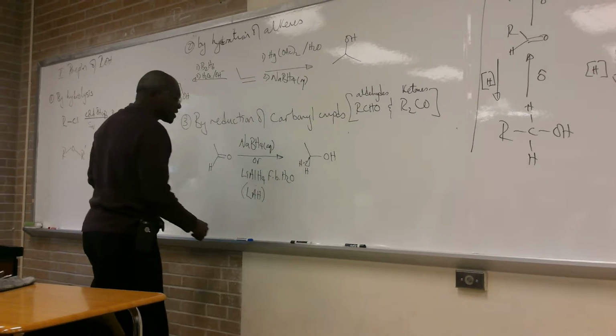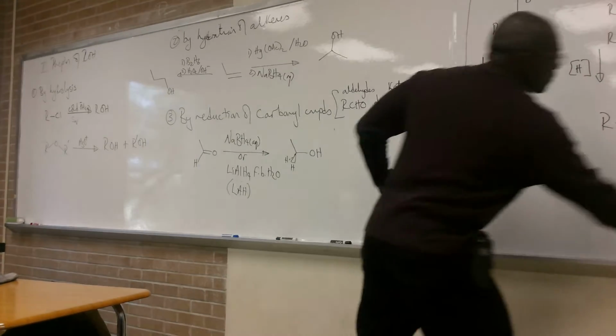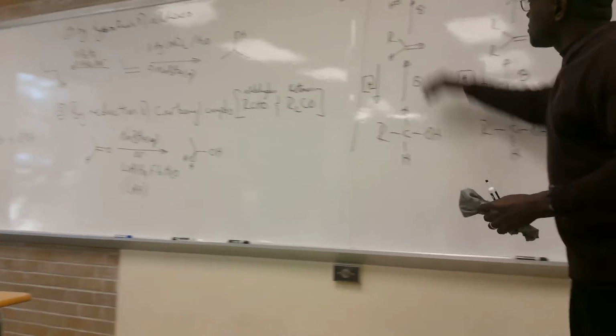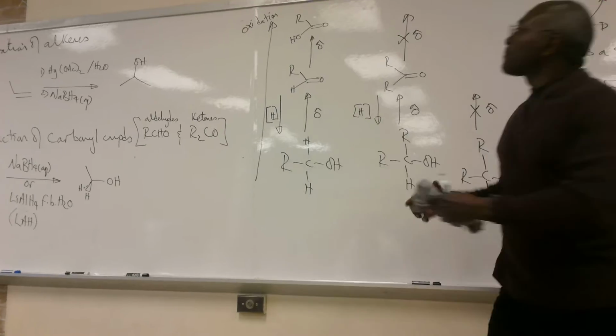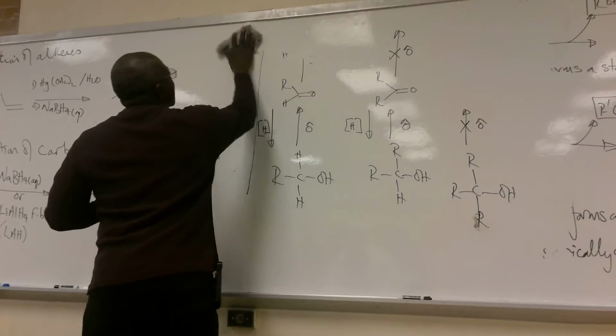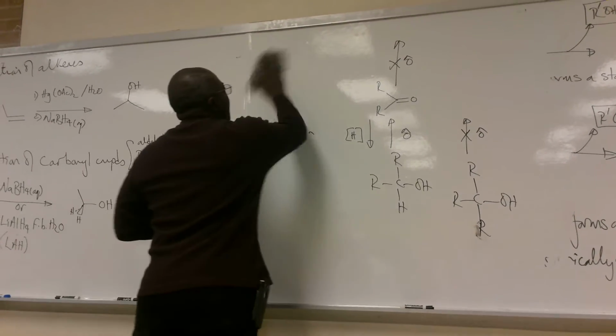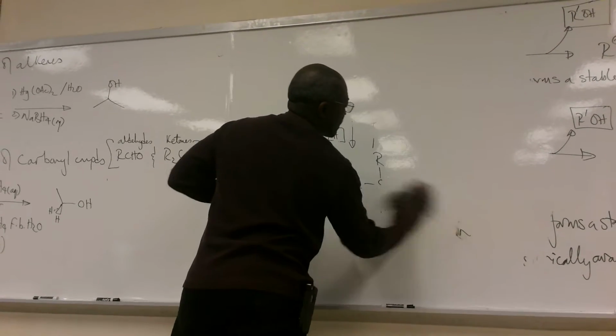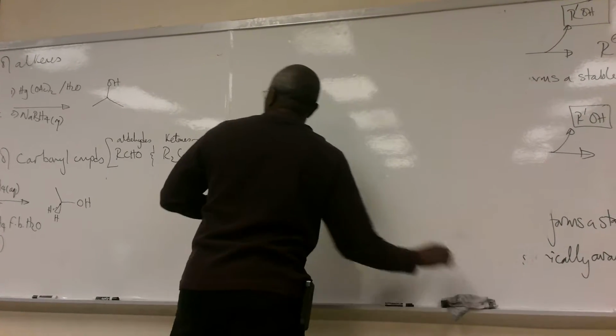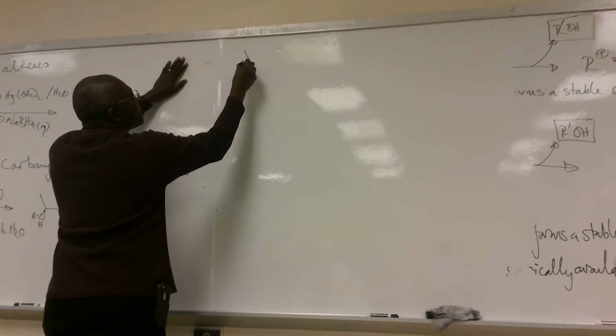If I started off instead with a ketone, do we have this bit? Are we good here? If I started off with a ketone instead, then the reaction is very analogous. And what we get would be, let's say I started with acetone.